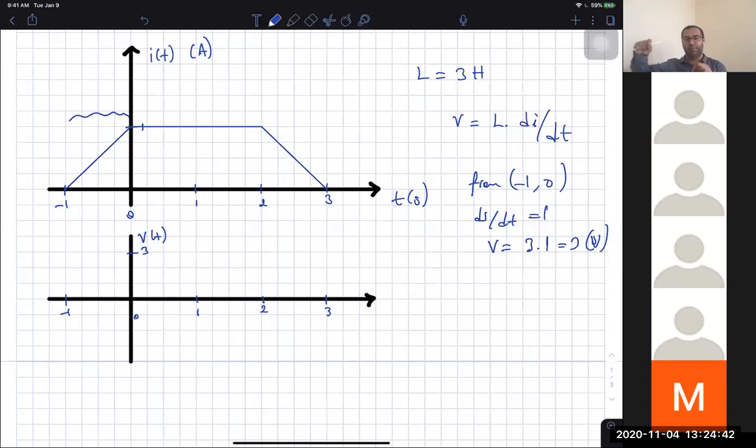Its derivative is positive because it's going from 0 to +1 in 1 second. The change is 1 ampere, the duration is 1 second, so that will be 1. And then if I multiply it with the inductance, which is 3 Henries, we will have this constant voltage line here, right? Okay, Imran, what is going to happen next?